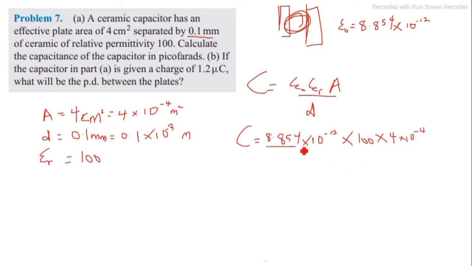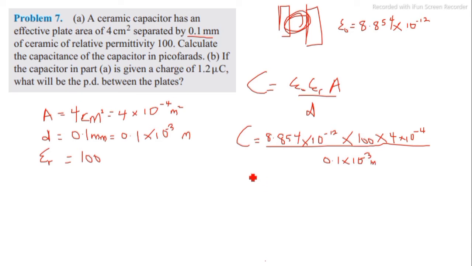Then divided by the distance between the two plates. That's the thickness of the dielectric material. The distance is given as 0.1 millimeter, which is 0.1 times 10 to the power minus 3.